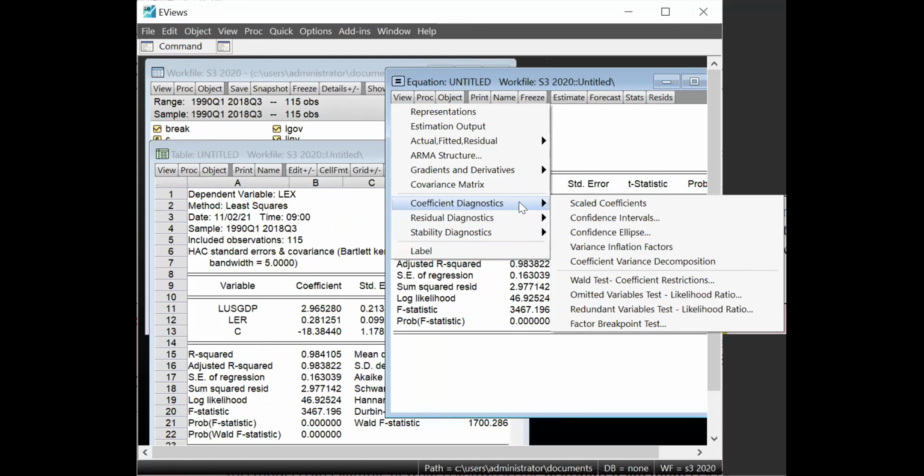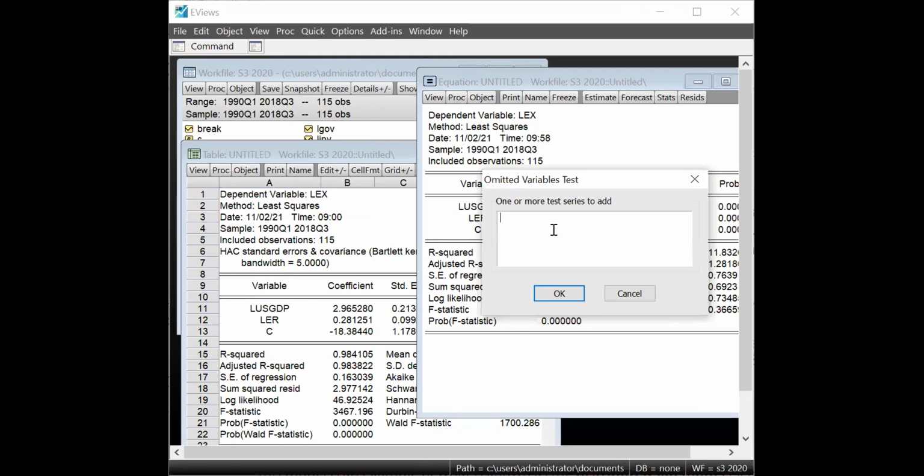We test for an omitted variable. For example, we use GDP, which is the domestic income.